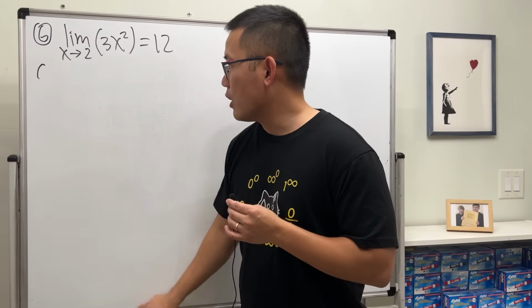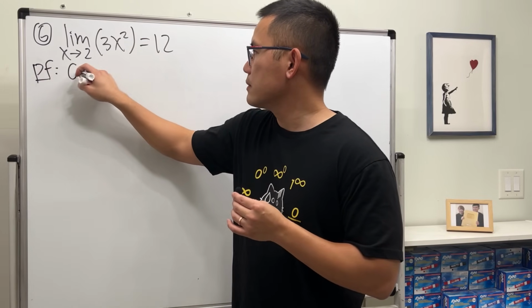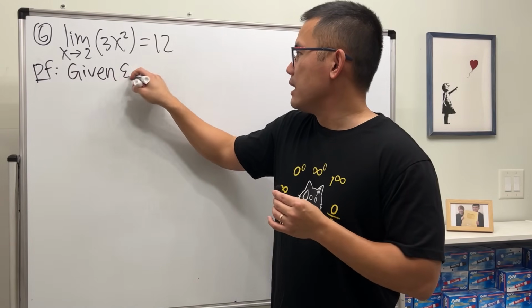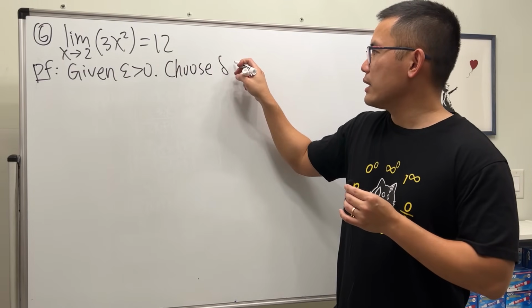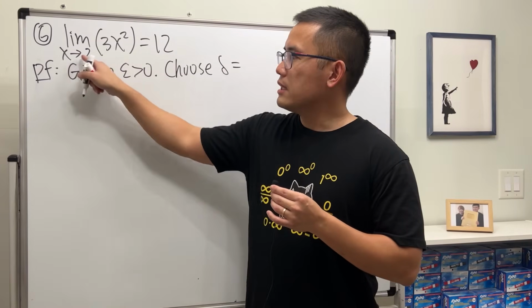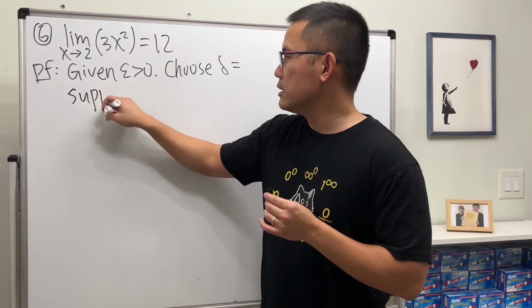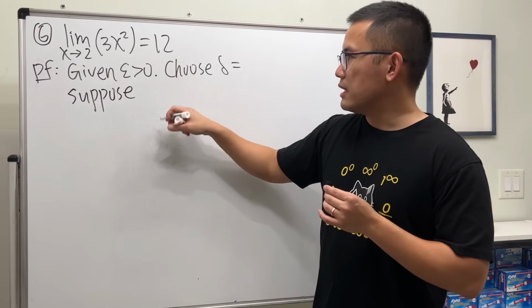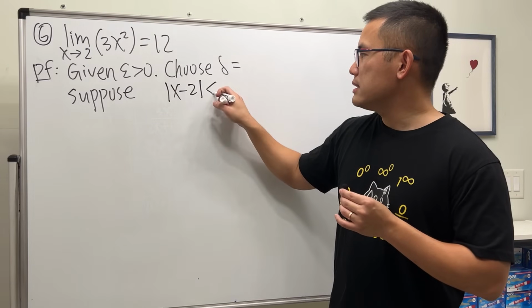So here we go. Start off by saying, given epsilon greater than 0, here we are going to choose delta to be something. This is x approaching 2 without the plus or minus. So we say, suppose the distance between x and 2, and you keep it in the absolute value, is less than delta.